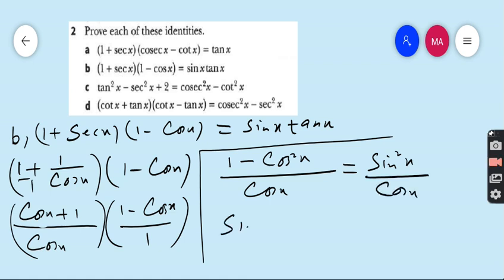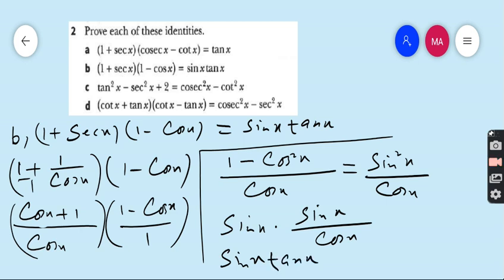This can be written as sin x into sin x upon cos x. So sin x into sin upon cos is what? Tan x. Hence we have achieved the right hand side. So it is proved that left hand side is equal to right hand side.